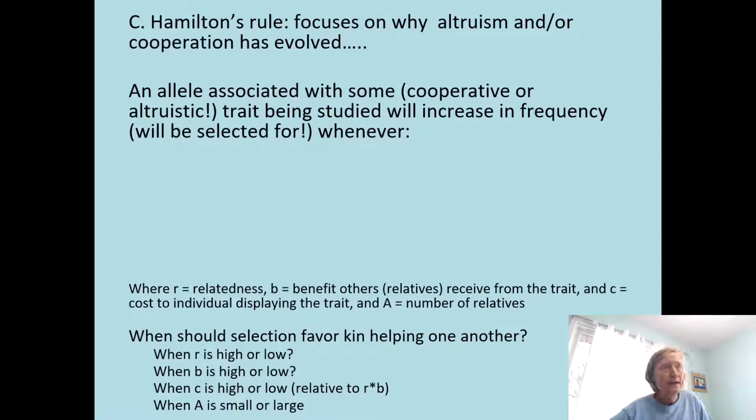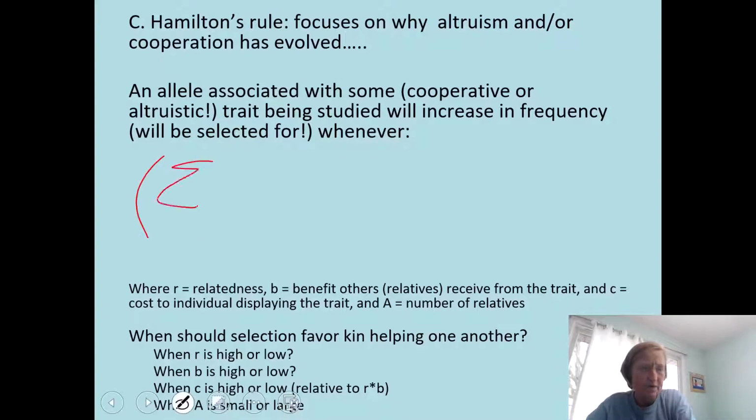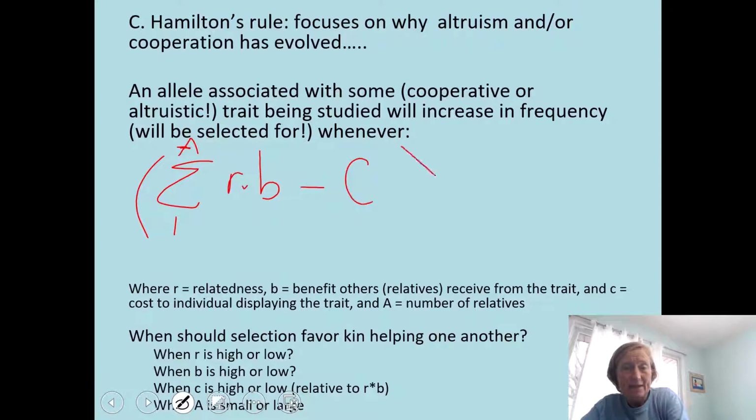An allele, a genetic version of a gene, associated with some cooperative behavior like alarm calling or helping at the nest, cooperative breeding, something like that, will increase in frequency, will be selected for, whenever this is true: the sum from 1 to A, where A represents the total number of relatives, of R times B minus C has to be greater than 0.